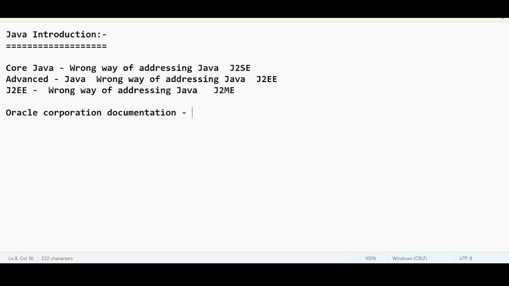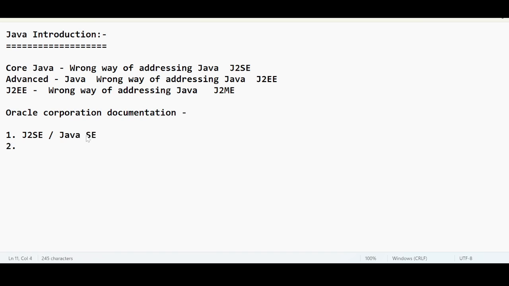As per the Oracle Corporation documentation, they address core Java, which means the fundamentals, as J2SE. I will tell you what J2SE is. We are going to understand each and every thing in detail. They address core Java as J2SE, or they also say Java SE.